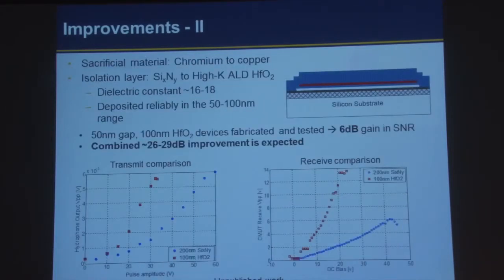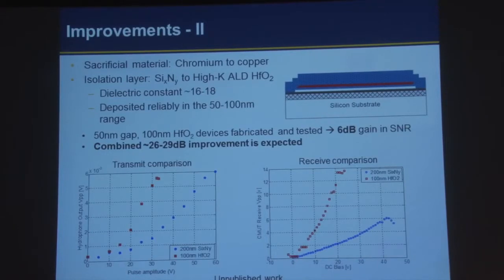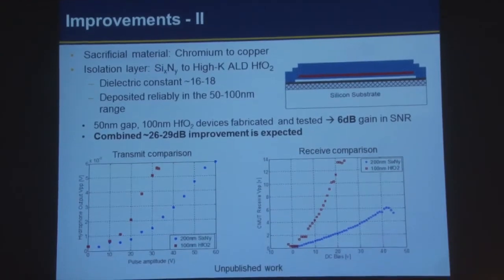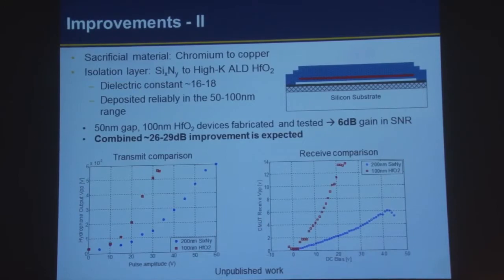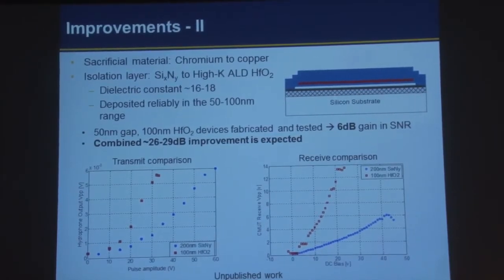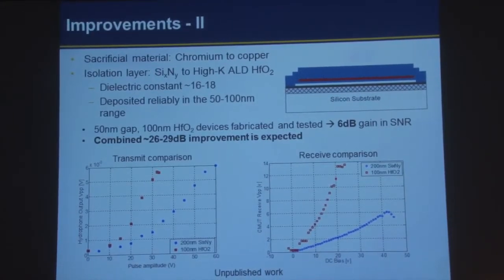On top of that, the isolation element that we are using between the top electrode and the bottom was a 200 nanometer thick PECVD silicon nitride, because we have to do things at low temperature. But by switching to a high K dielectric, which is common, with a dielectric constant of 16 to 18, even if you put that material, it's as if it doesn't exist because it's so high dielectric constant.